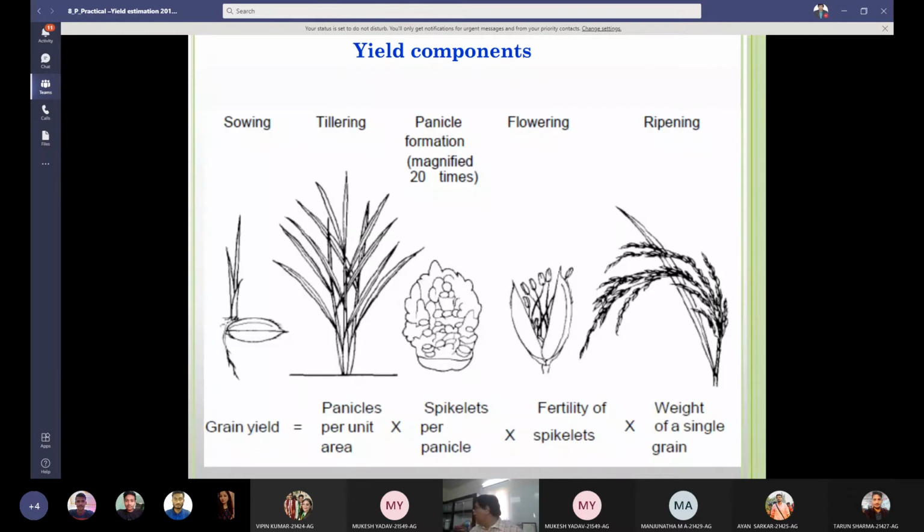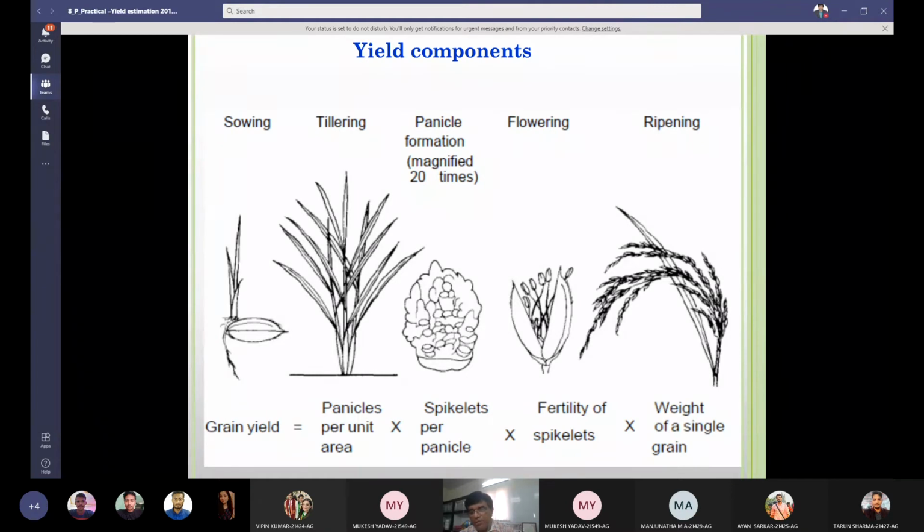Now you see these yield components. Suppose on the left you have grain yield after sowing, and then what are the yield components that are multiplied to get the grain yield? Number one is panicles per unit area per meter square, into spikelets per panicle. How many spikelets are there?